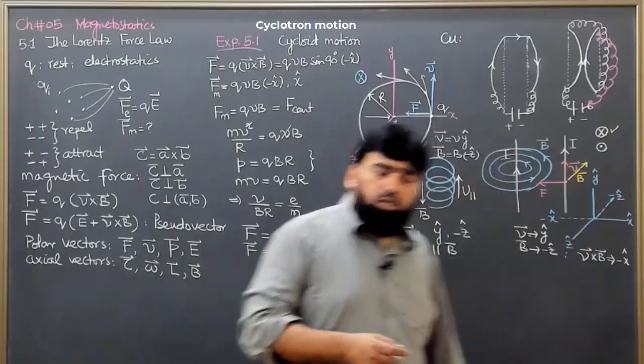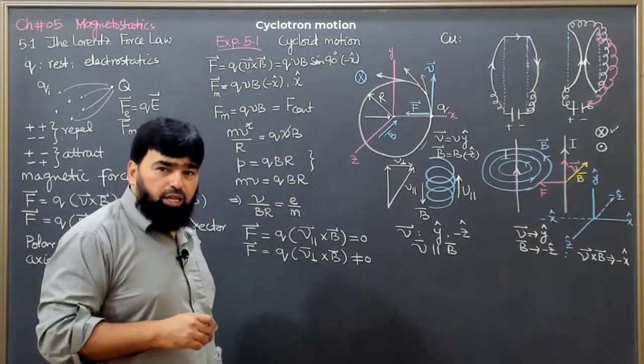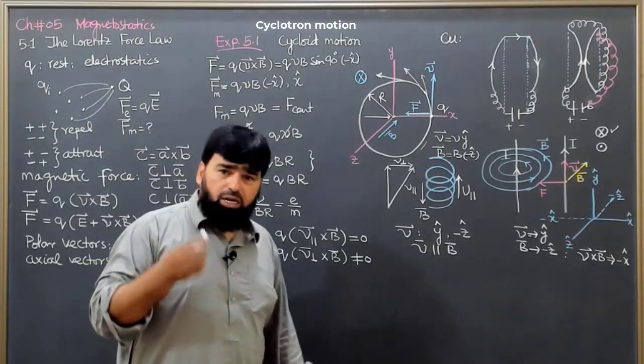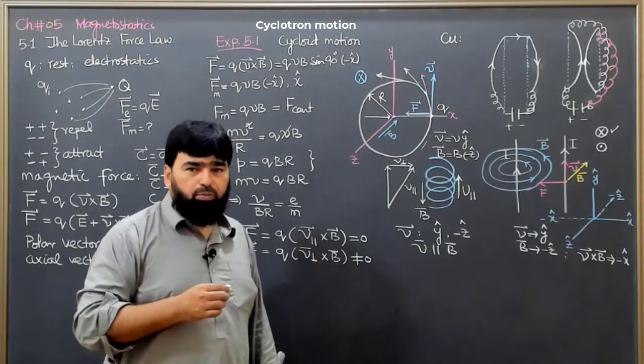And when this helical motion is there, we cannot restrict particles moving in space to go just along the applied magnetic field.